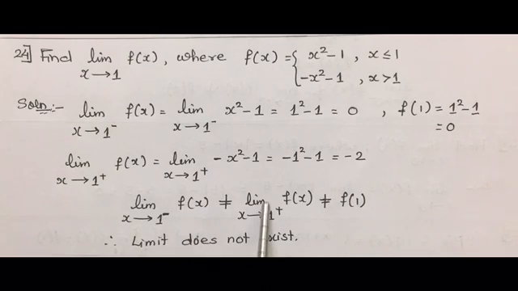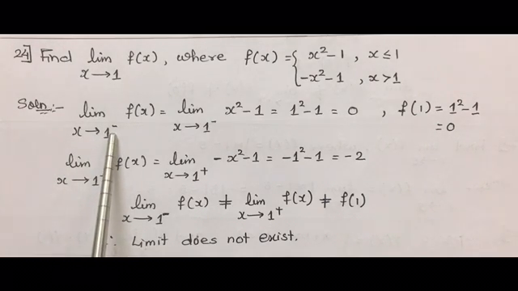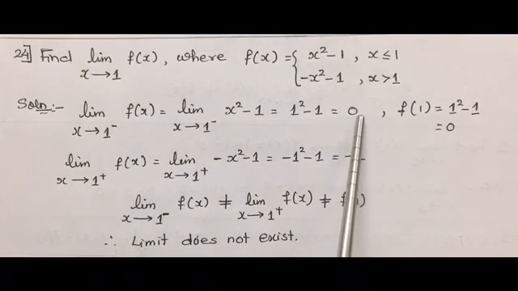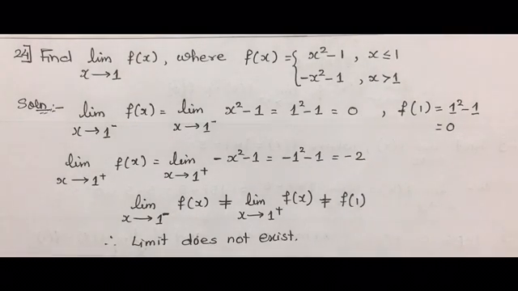As all these three are not equal, the limit will not exist. And if they are equal, the limit will exist. So for the existence of limit, it is compulsory that from the left and from the right, the answer should be same.